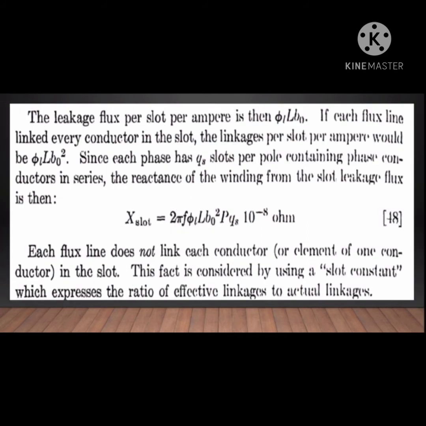So, the leakage flux per slot per ampere is then lambda sub L times B sub O. Sinabi nga, yung lambda L is the leakage flux lines per ampere per conductor per inch of slot. Then, times L, which is the gross length of the core in inches. Then, B sub O, ito yung conductors in series per slot.